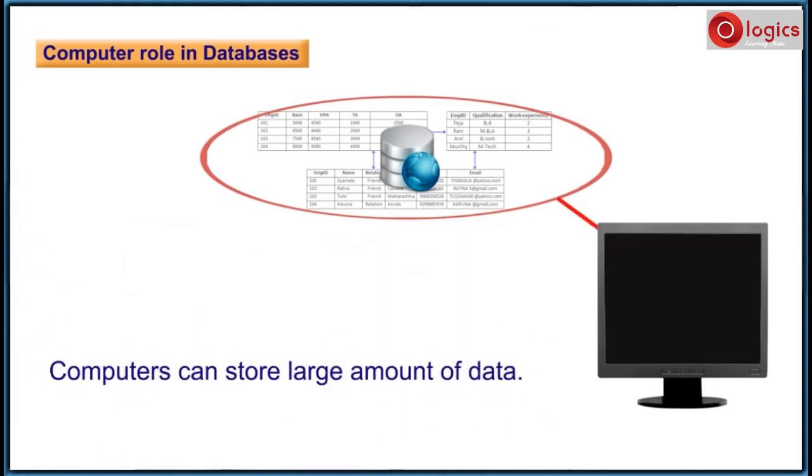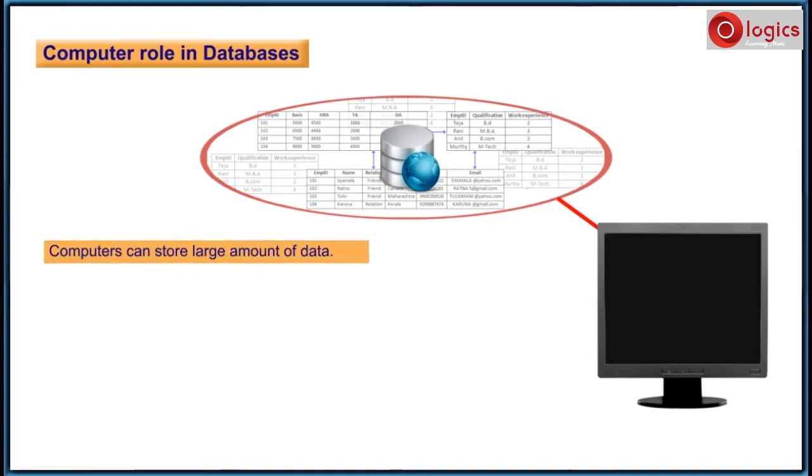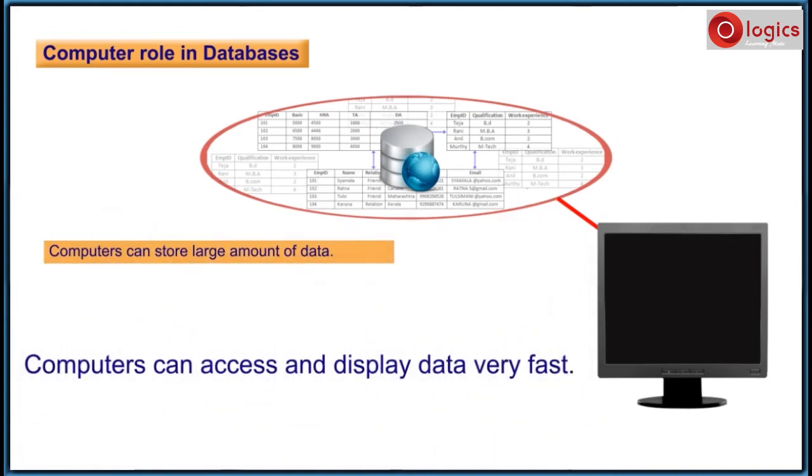Computers can store large amount of data. Like this, you can store unlimited data. Computers can access and display data very fast. Here, computer getting data from database and displaying.